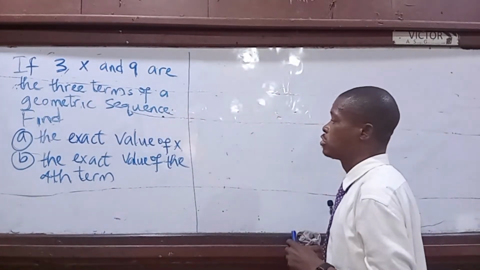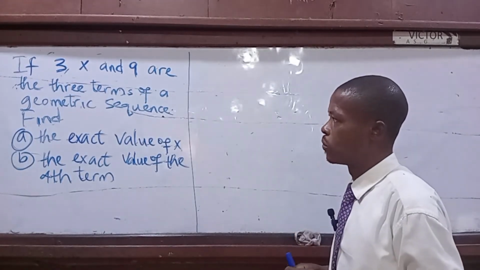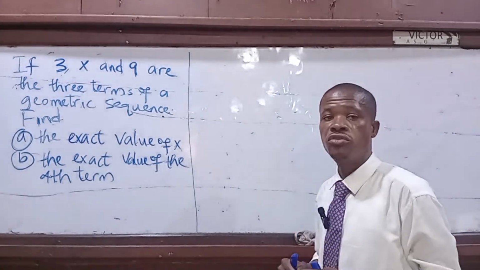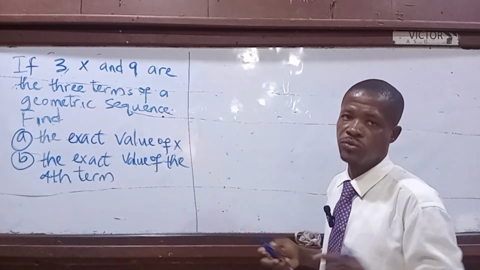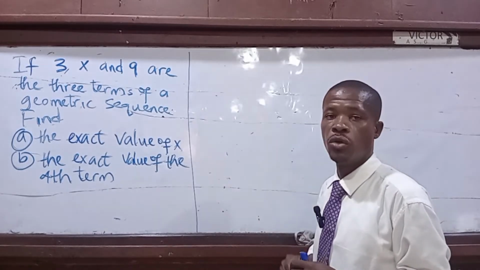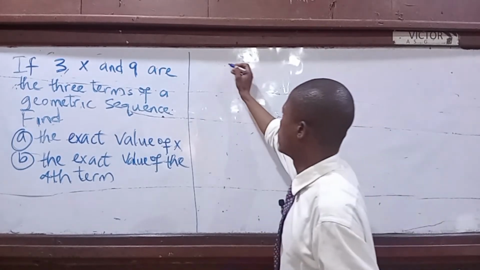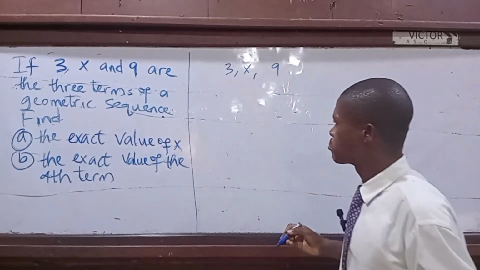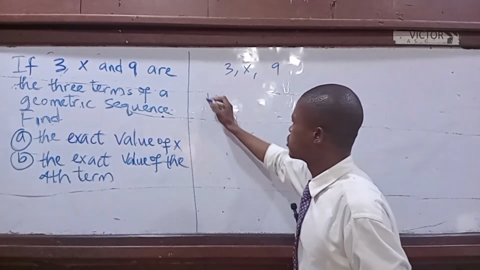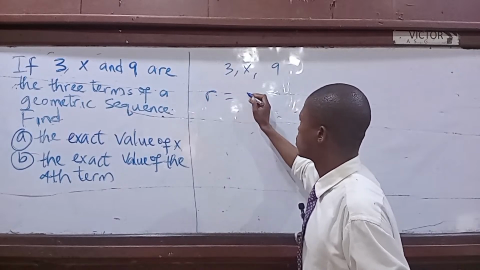What we are going to do in this case is very simple. We're going to use the knowledge of the common ratio to get that unknown. We have 3, x, 9. The common ratio for a geometric sequence is what? That's what we're going to use.